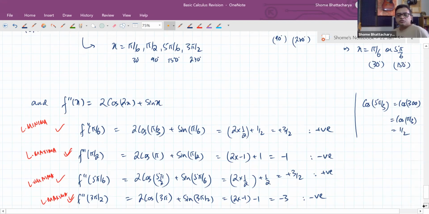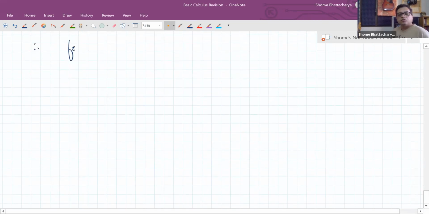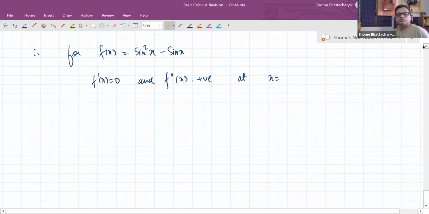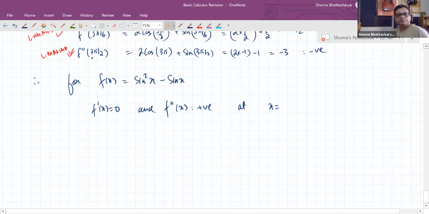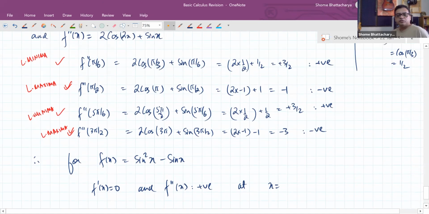So let's just put together this information. For the function sine square x minus sine x, we saw that f prime x is equal to 0 and the second derivative is positive at these 2 points, pi by 6 or 30 degrees and 5 pi by 6 or 150 degrees.